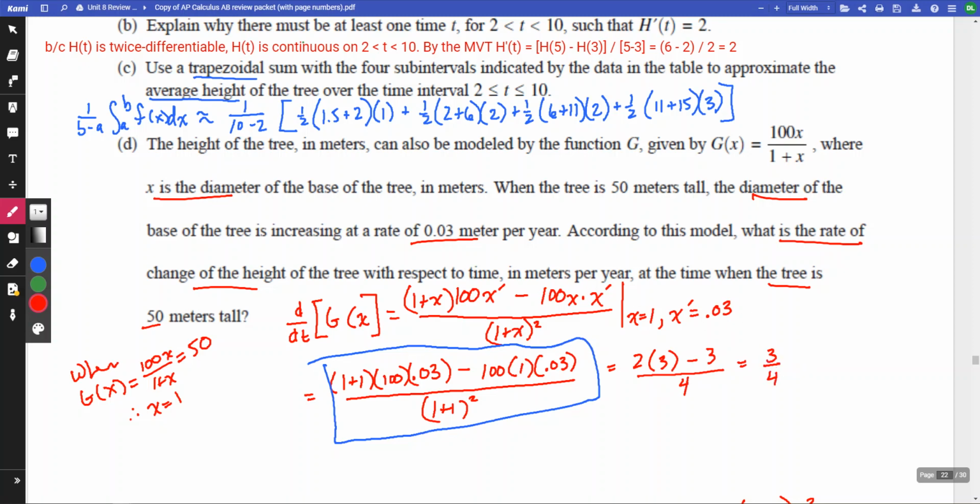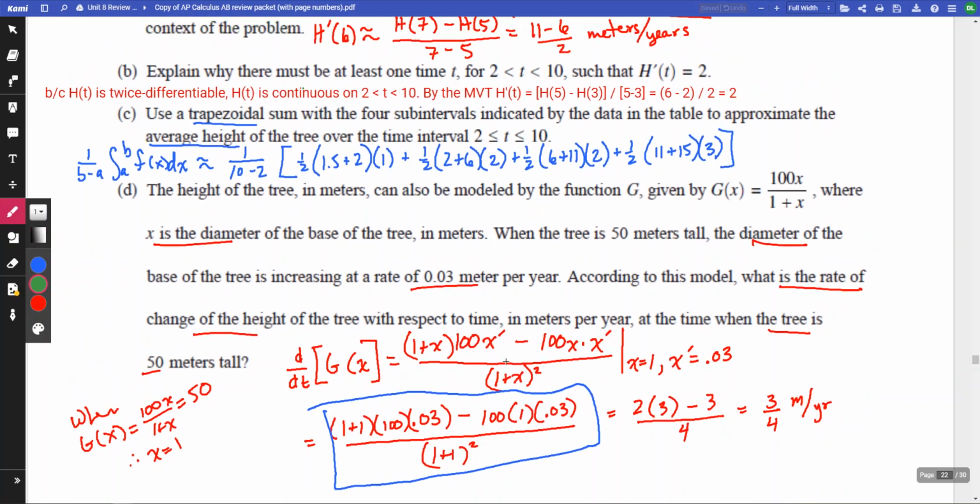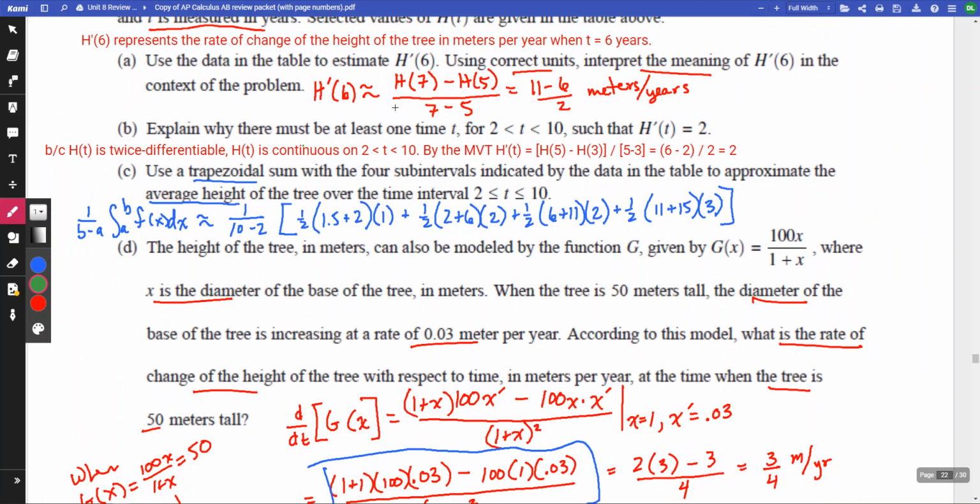And of course, it tells me meters per year, right? But I could also set that up with my units, okay? Marks for this particular one: if we get our setup, that's a mark.